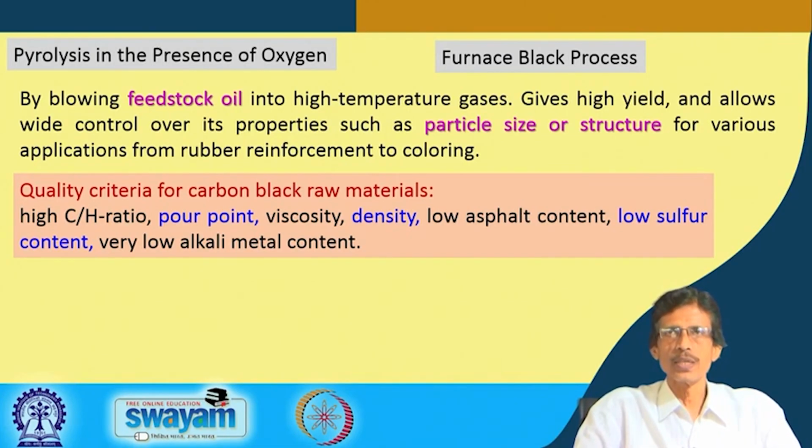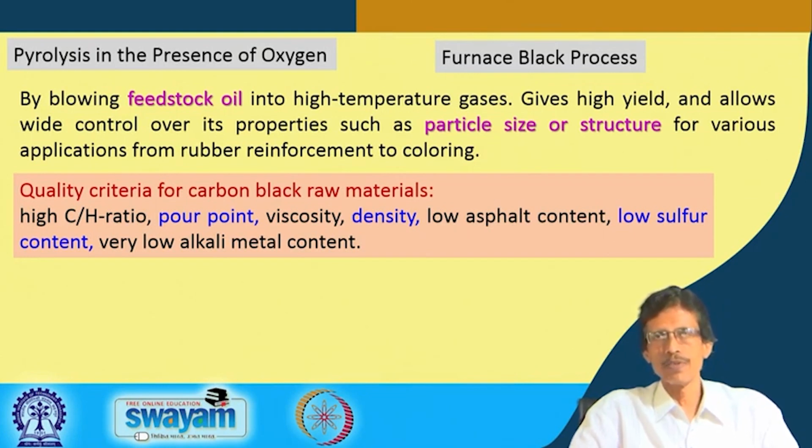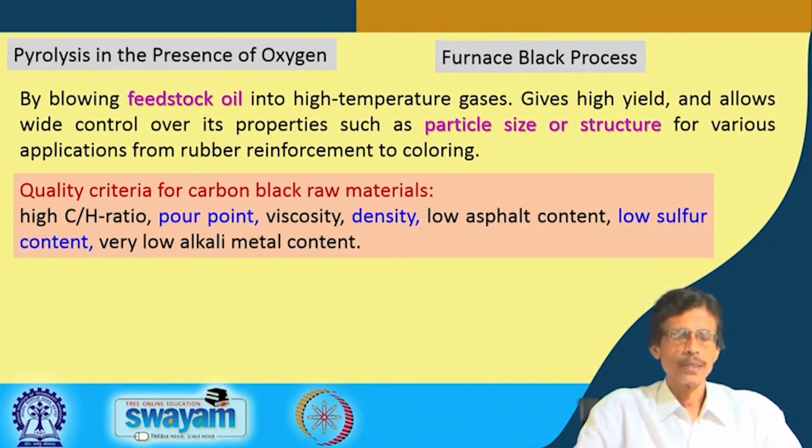The carbon to hydrogen ratio is pretty high. You can use that methane as the feedstock, the only thing is that you have to remove the corresponding hydrogens available on the carbon. So, if you have a high carbon to hydrogen ratio, that will be a most useful one as your carbon black material.